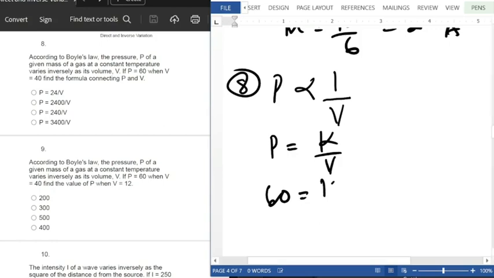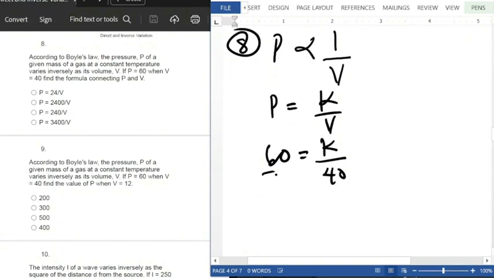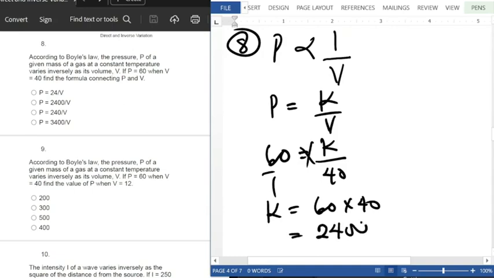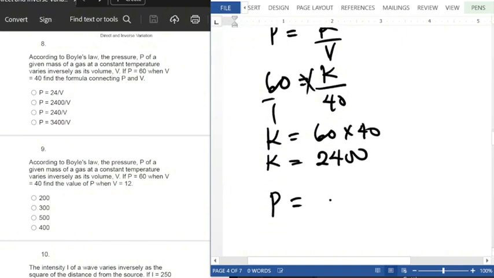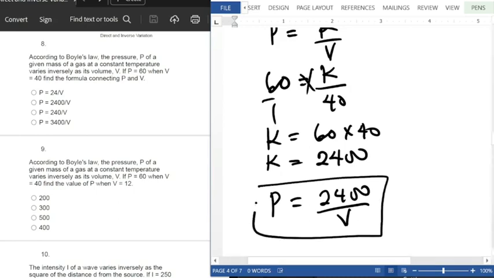From here we can cross multiply, so K equals 60 times 40, which gives us 2400. That's the value of the constant. So our relationship will be P equals 2400 all over V, the volume. The question is to find the formula connecting P and V, which is this. P equals 2400 over V, so that is option B.